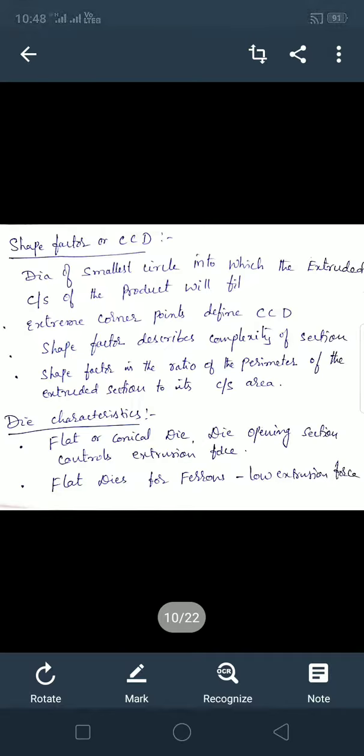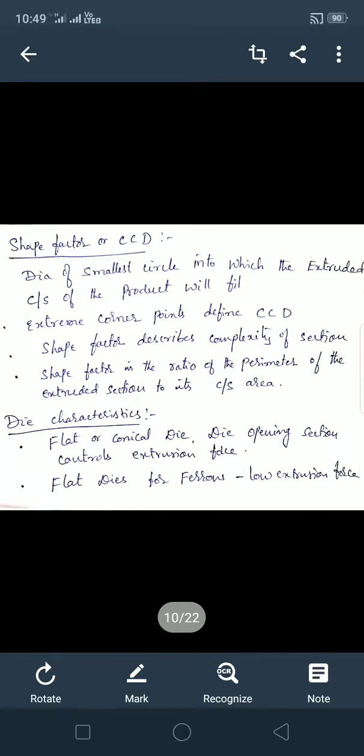It is the diameter of the smallest circle into which the extruded cross section of the product fits. Thus, the extreme corner points of a given cross section define the CCD. For example, for a square or rectangular section, the diagonal length becomes the CCD.